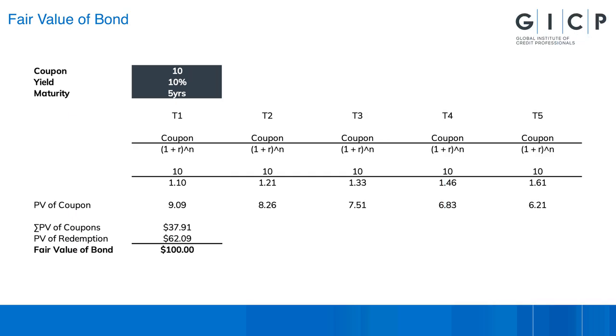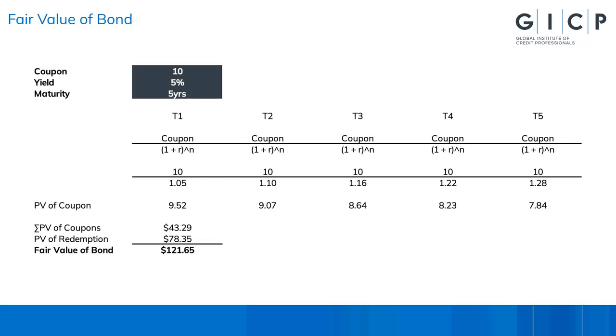If we keep everything the same but increase the yield on the bond to 15%, then the price drops to 83.24. In other words, if the yield of 15% is higher than the coupon of 10, then the bond's fair value of 83.24 will be at a discount to the nominal value of 100.